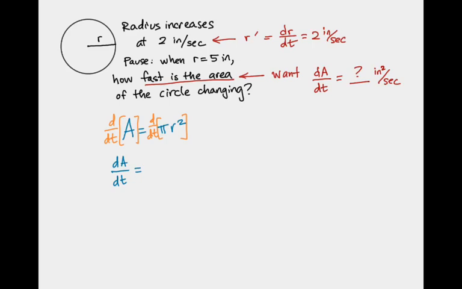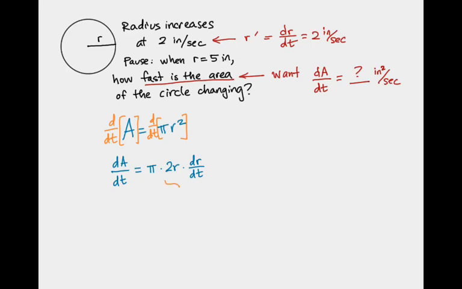On the right, that pi is a constant that goes along for the ride. Then we take the derivative of r squared, which is 2r. But then we remember that r is changing with respect to time. So r is a function of t, and we need the chain rule here. In your homework you would say 2r, r prime, but we're using Leibniz notation, so I'm going to do dr/dt.